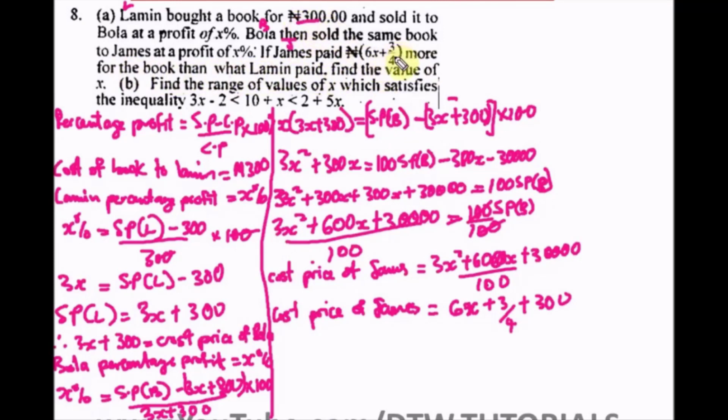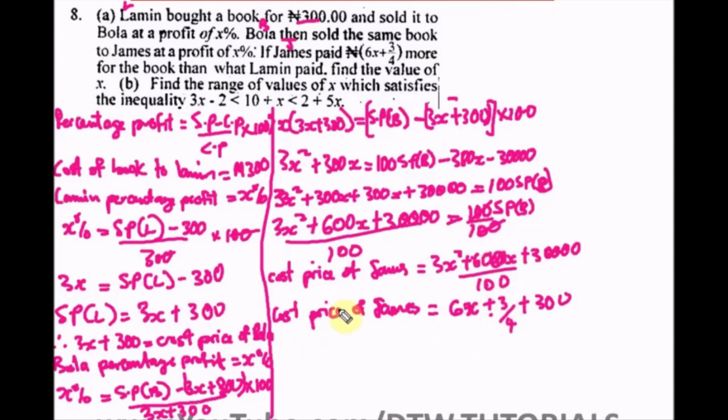So 300 plus this is James's payment. Since we already have the cost price of James from this calculation, all we need to do to get our value of x is equate these two cost prices of James. So here we have to equate these two equations.